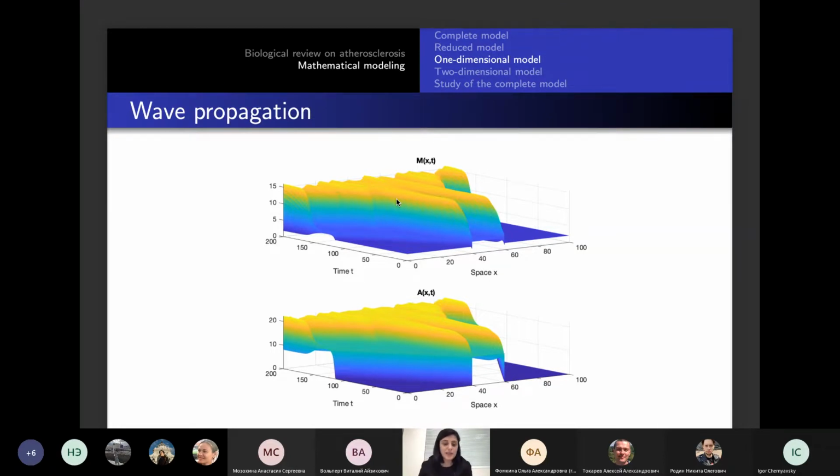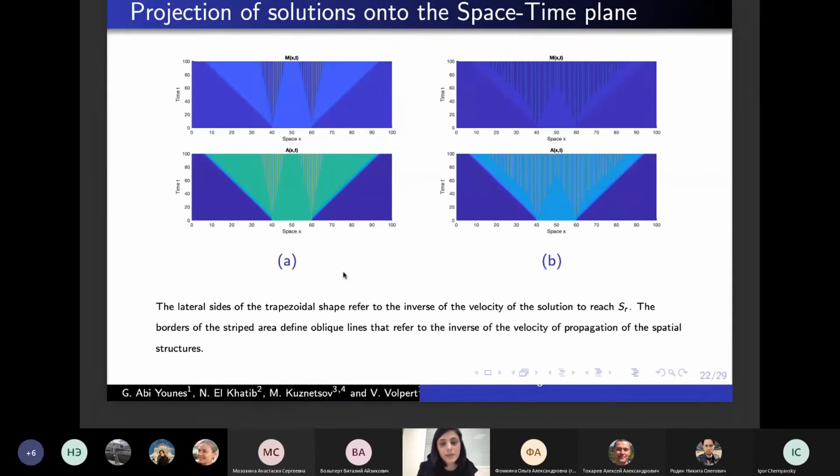I don't know if it is clear in these figures, so let me show you the projection of these solutions onto the X and time space plane. Maybe this time it will be more clear. So here is for time t0.